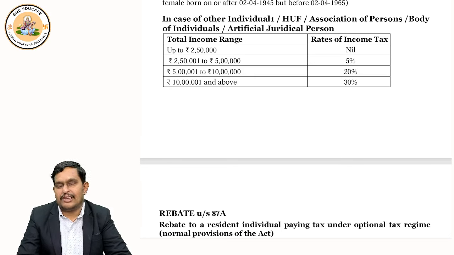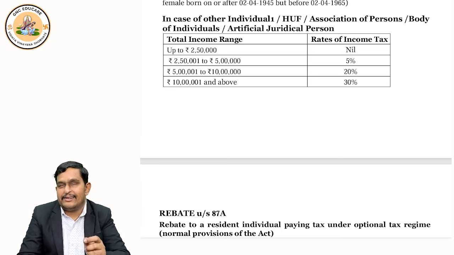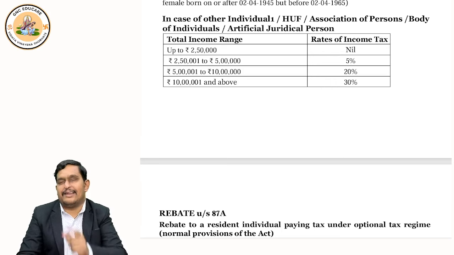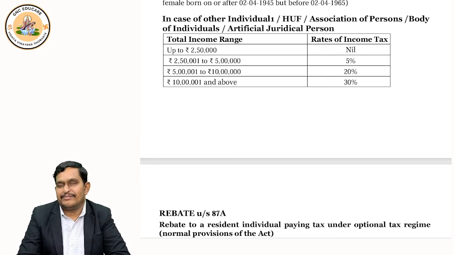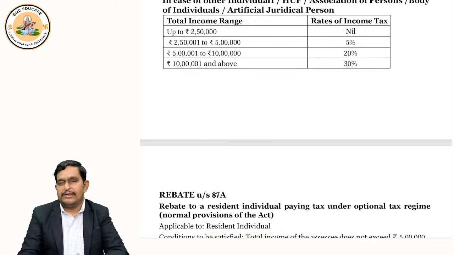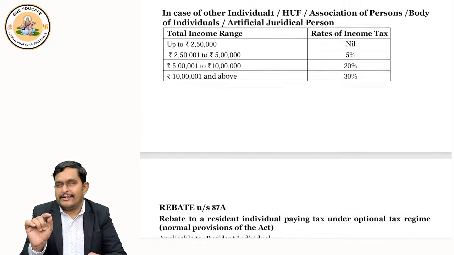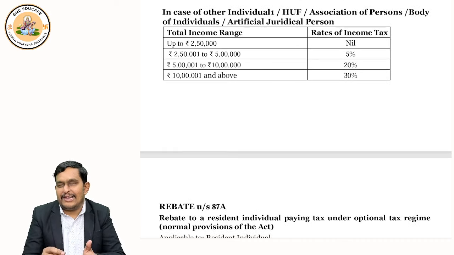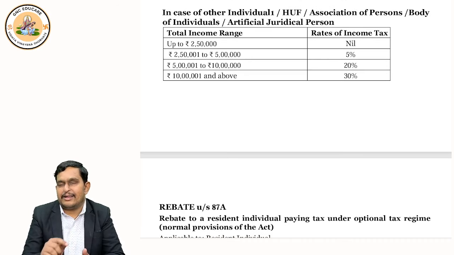Now you should not have any doubt. So rates are different based on age and residential status. If he is a resident but super senior citizen, up to 5 lakhs nil, 5 lakhs to 10 lakhs 20%, 10 lakhs above 30%.